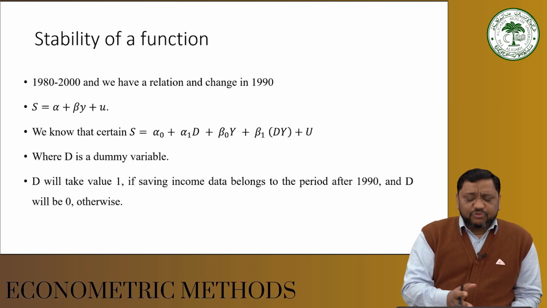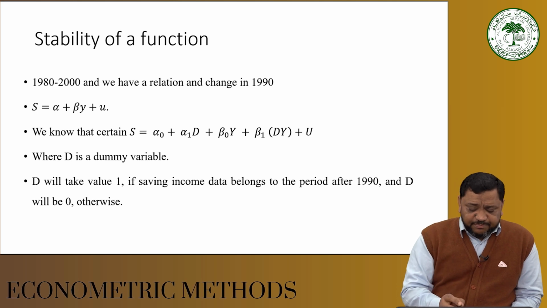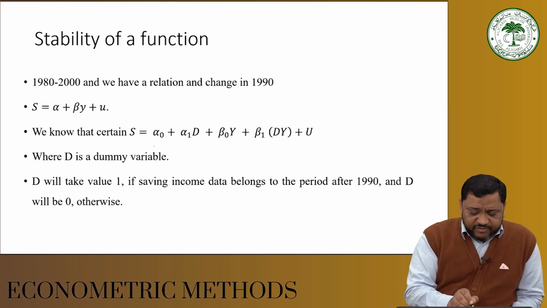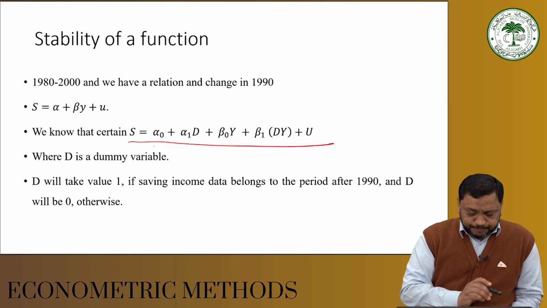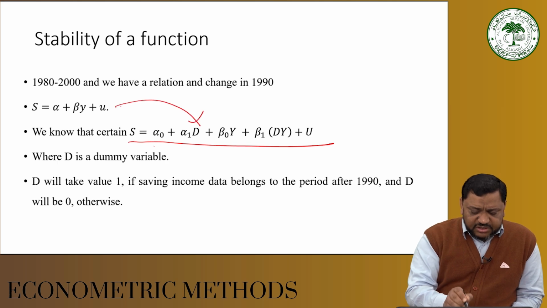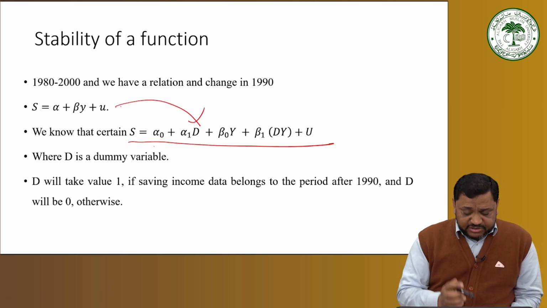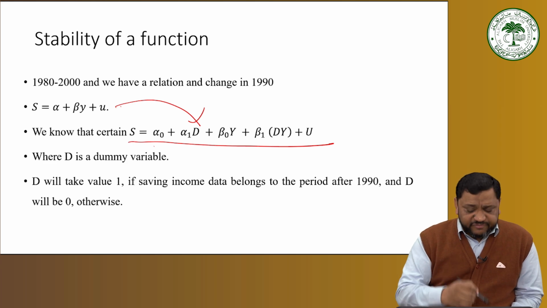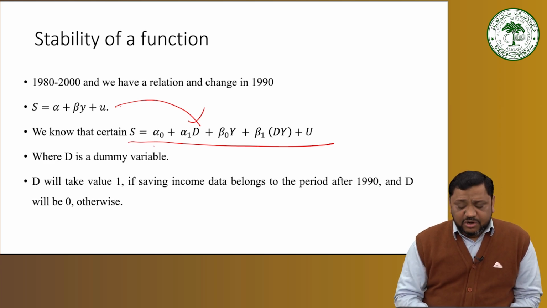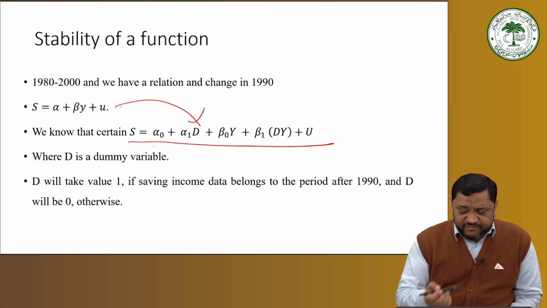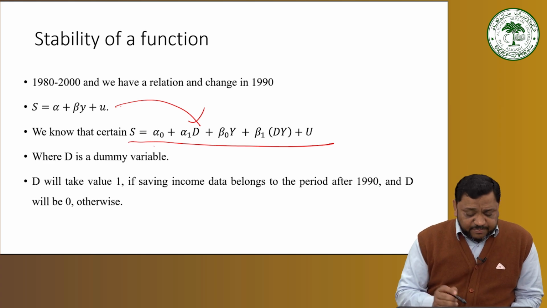But if we use dummy variables, we simply have to write our equation in this format, where we have alpha naught plus alpha 1 d, and d is your dummy, alpha 1 is your differential intercept, plus beta naught y plus beta 1 dy, plus u.